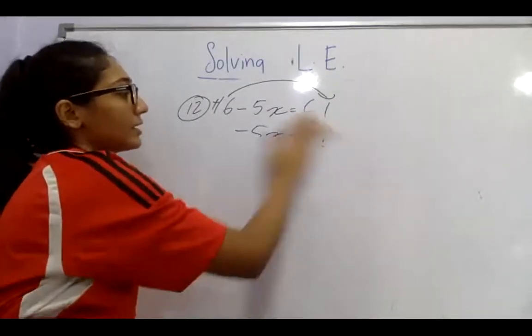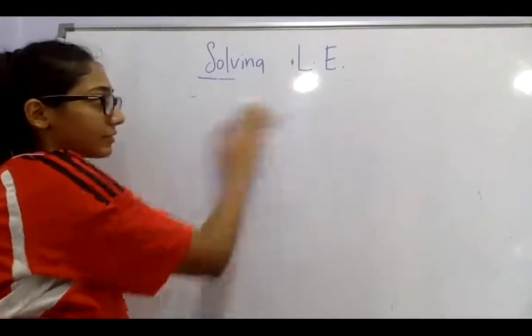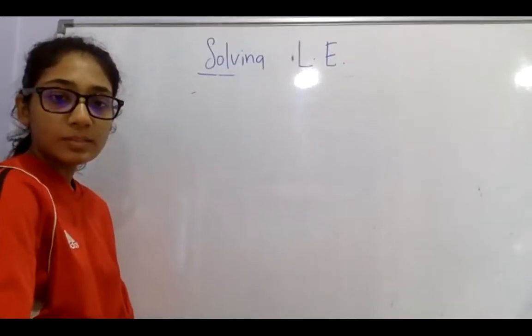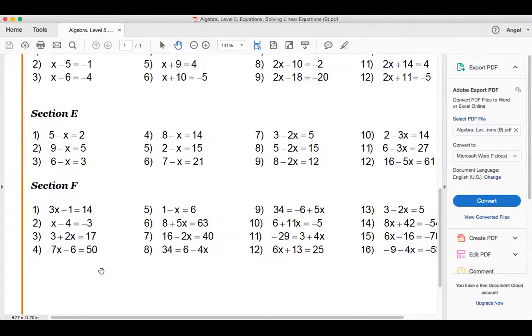And then the last one is section F. Okay, let me just pick a question from section F. Let's do question 11 and 16. Okay. I'm going to write that down first.